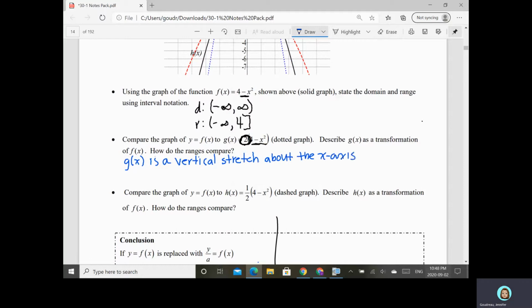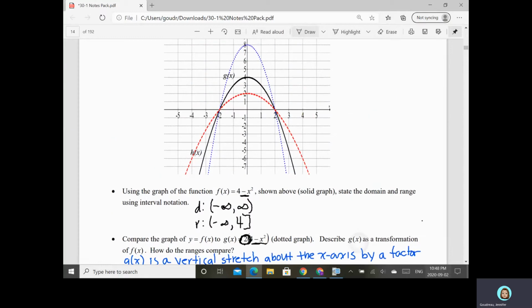And let's be specific about how much we stretched it. We noticed that the y-intercept went from 4 to 8. We also noticed that the coefficient that we put in front is a 2. So I'm going to say that was stretched by a factor of 2. That was my coefficient. And we can clearly see that g(x) is twice as tall as f(x).